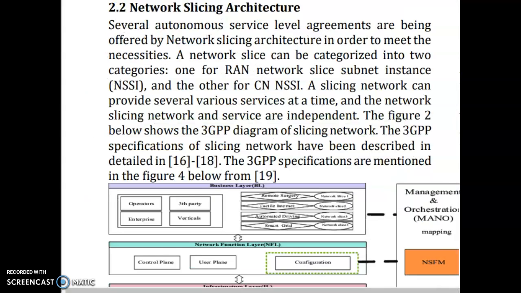Network slicing architecture. Several autonomous service level agreements are offered by network slicing architecture in order to meet the necessities.